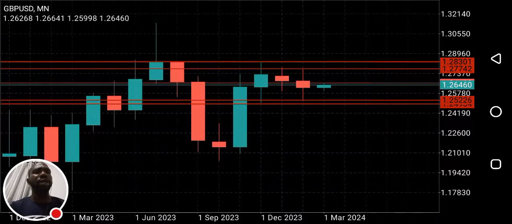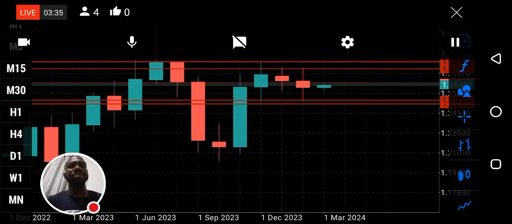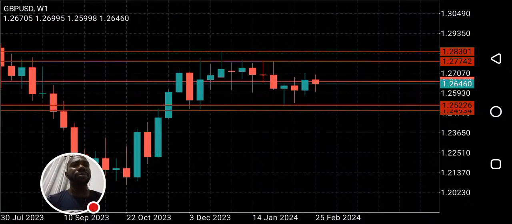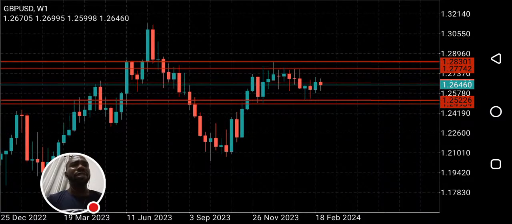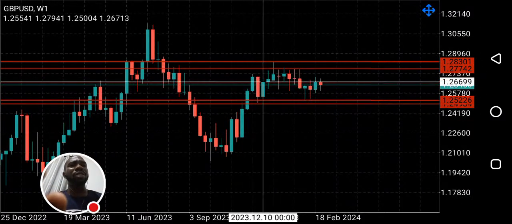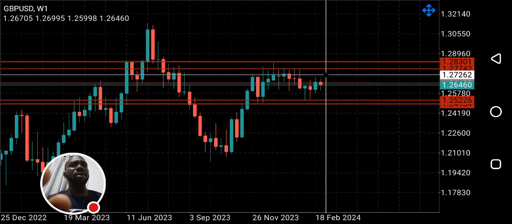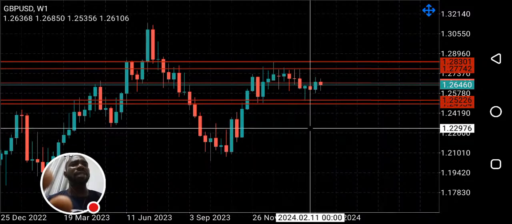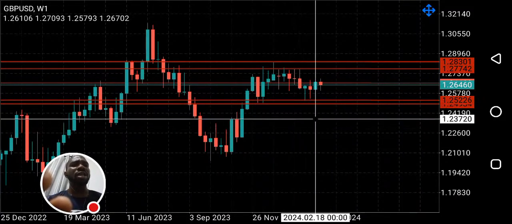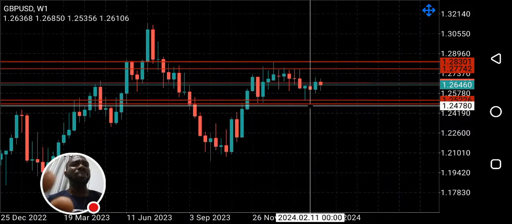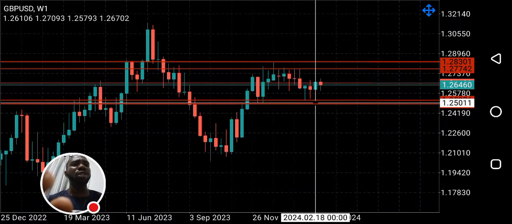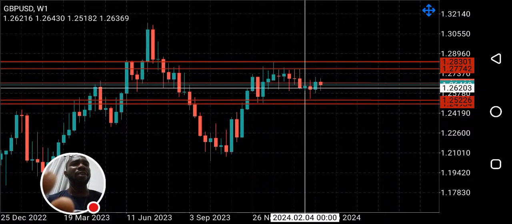So let's go down to the weekly time frame. Let's see what we have on the weekly. On the weekly time frame, we can see that price has been in a range for some time, from this point to this point. But if we look at the pattern we have here the past few weeks, we had a hammer, a spinning bottom, and then this next candle closed bullish, above the high of this hammer.